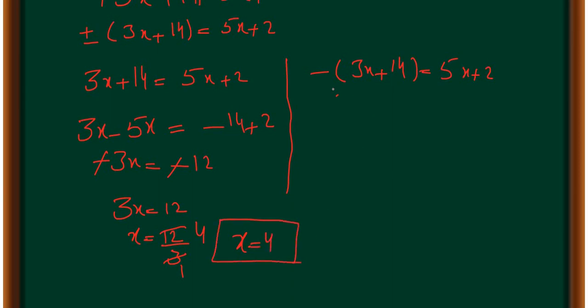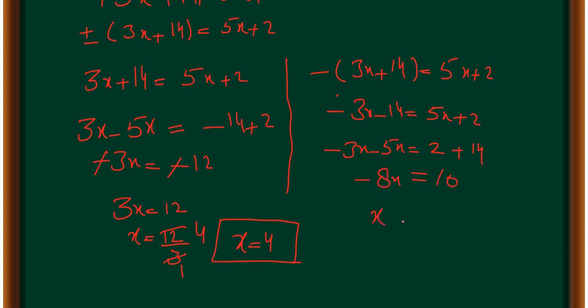Okay. Now here minus will be multiplied on the inner side of 3x plus 14: minus 3x minus 14 is equal to 5x plus 2. I shift 5x to the left side of the equal sign: minus 3x minus 5x is equal to 2 plus 14, that is equal to 16. Minus 8x is equal to 16.